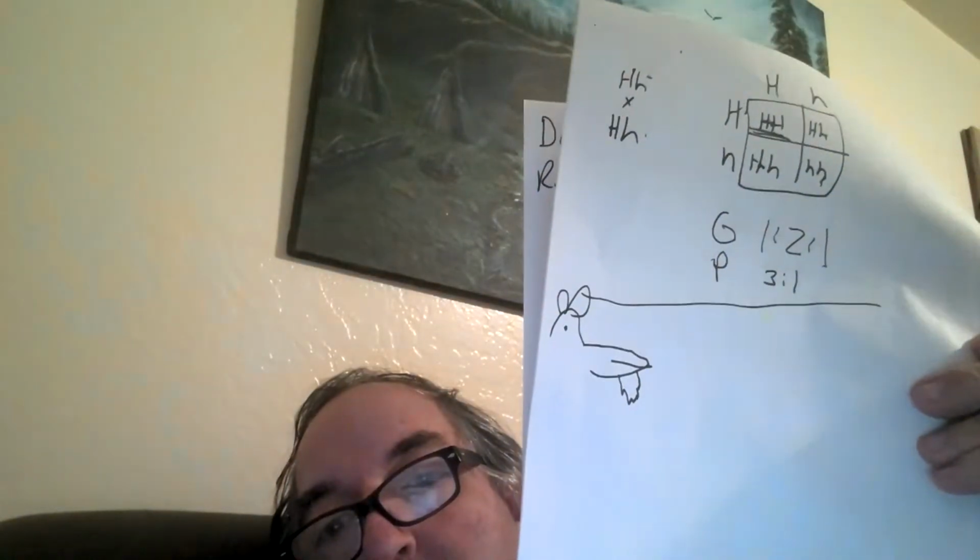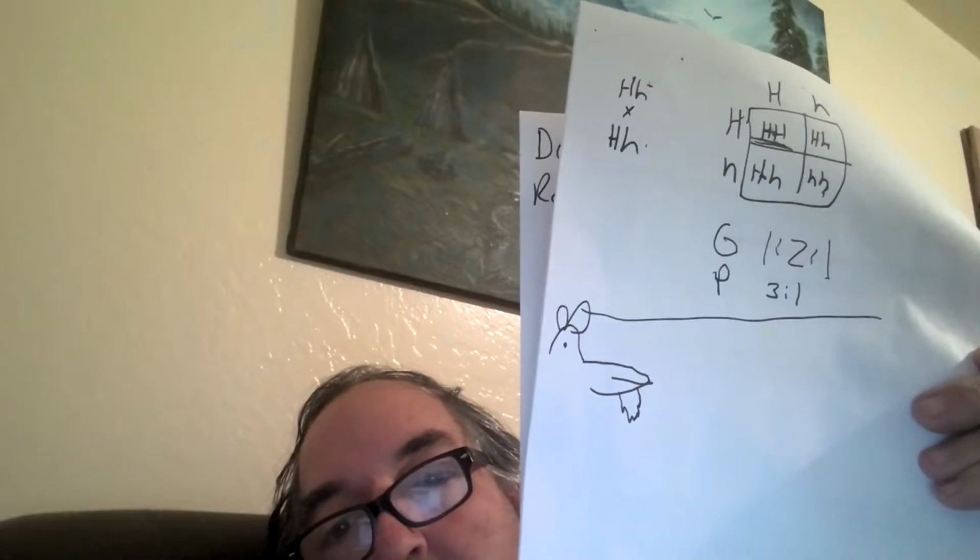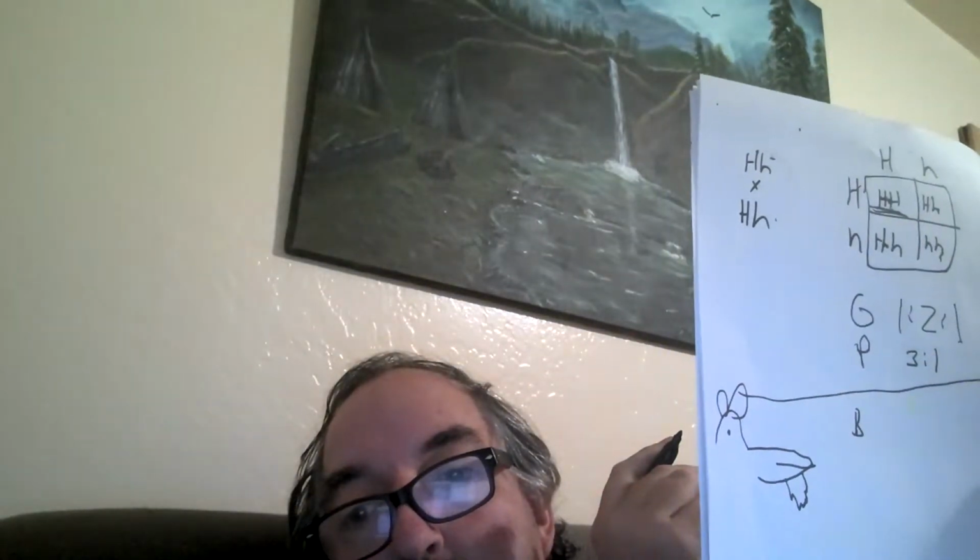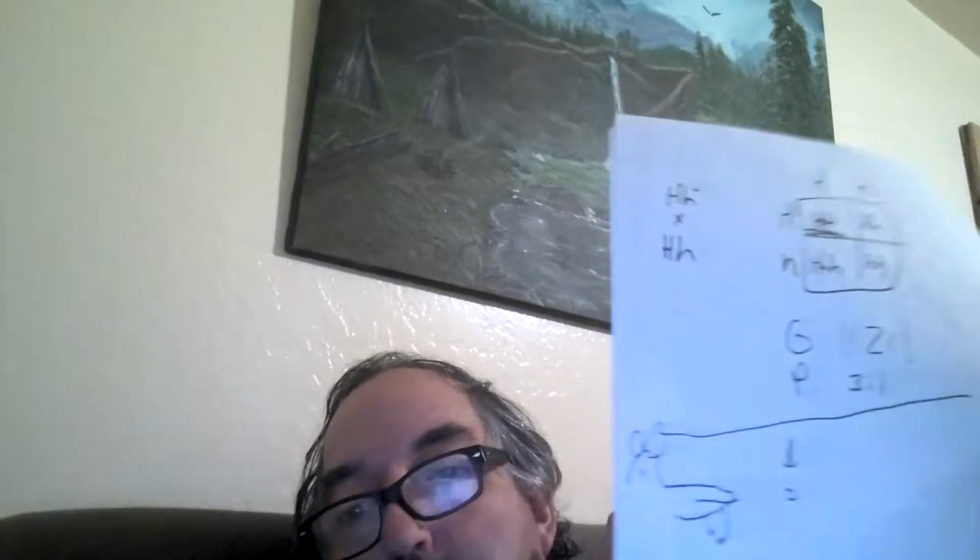Many goats have a beard. And unlike in people, where this is generally a male trait, in goats, both males and females can have beards. There's no difference gender-wise. So a bearded goat is, and we'll go with B for beard, dominant to a beardless goat, little b.